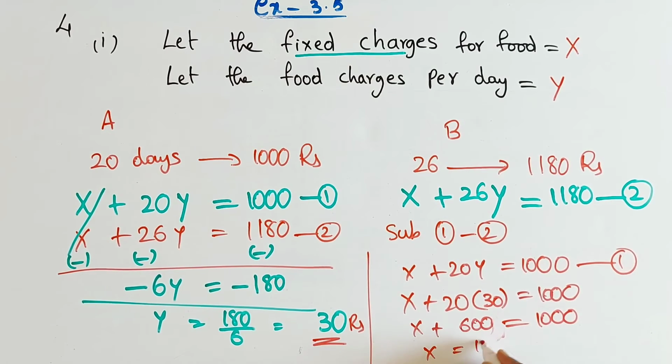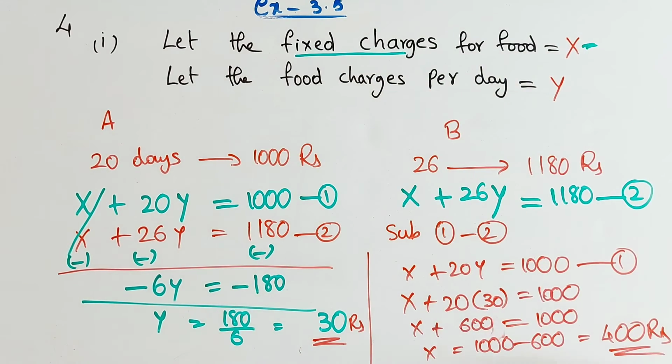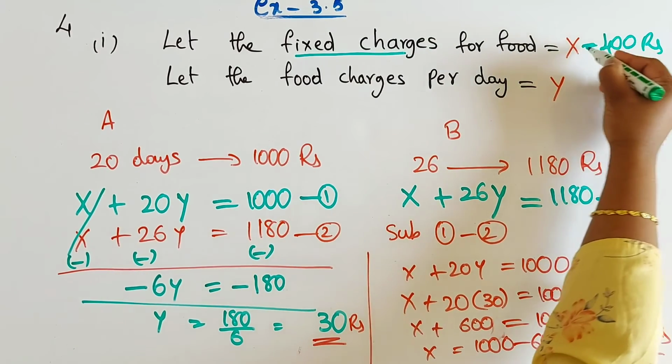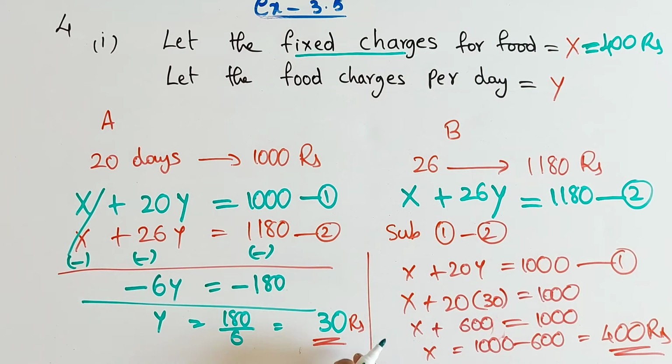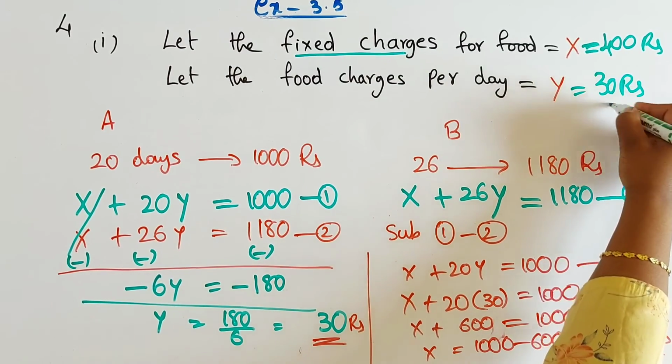So X equal to 1000 minus 600, that equals 400 rupees. So what is the X value? That is the fixed charges. A student has to pay 400 rupees compulsorily. After that fixed charge, if they are still taking food, per day they have to pay 30 rupees. Correct, children?